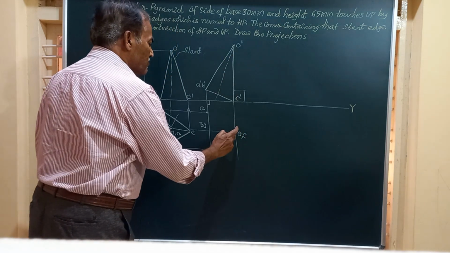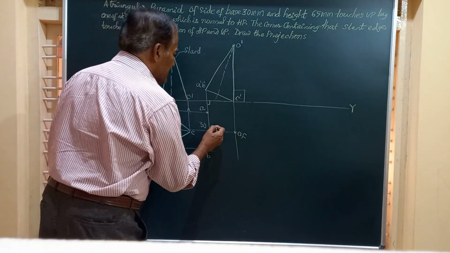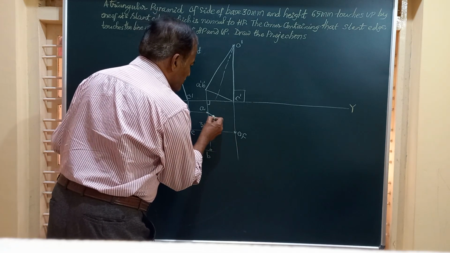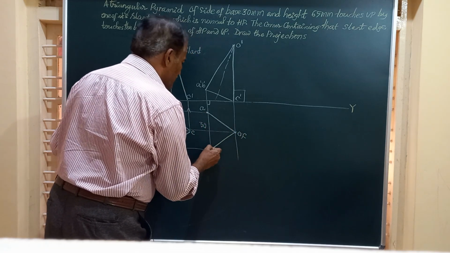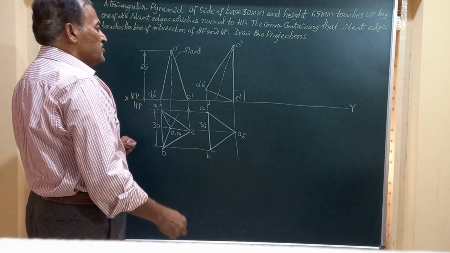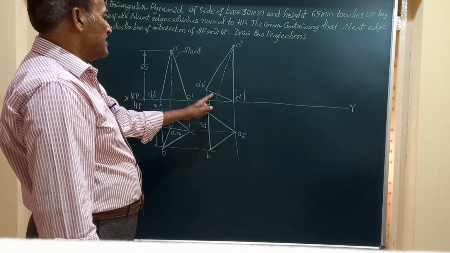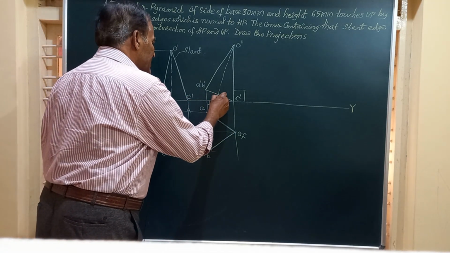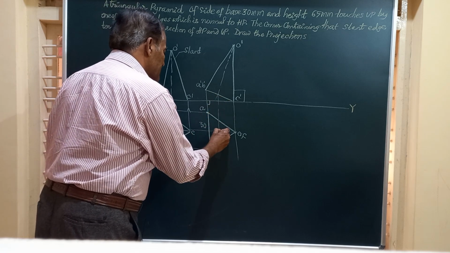So this point represents the slant edge OC or O dash C dash. So we'll join O to A, O to B, A to B, and this is how you get, friends. O dash C dash is here. This is A dash B dash, and this is O1 dash.